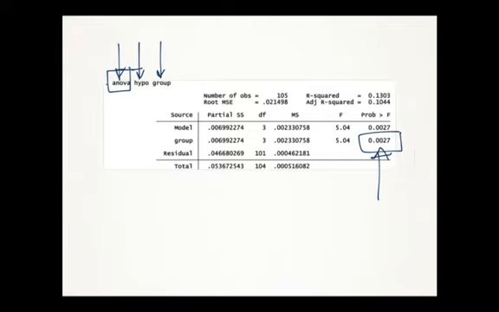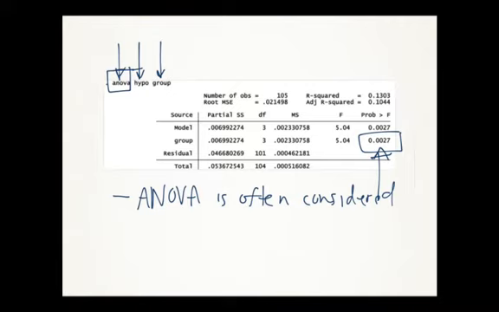So in other words, ANOVA is often considered a first step, okay? So we wouldn't just stop here. We wouldn't write a paper for the medical literature and say, the means in these 4 different groups are not equal, because no one would be satisfied with that.